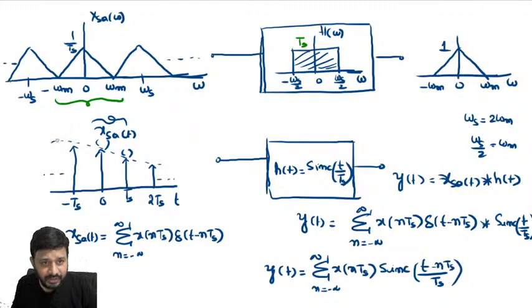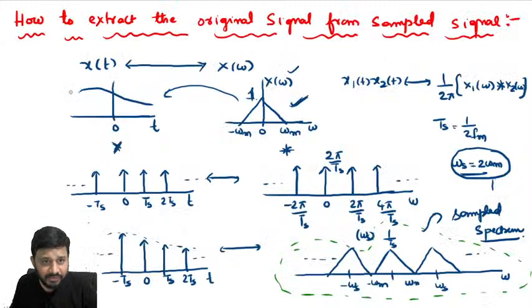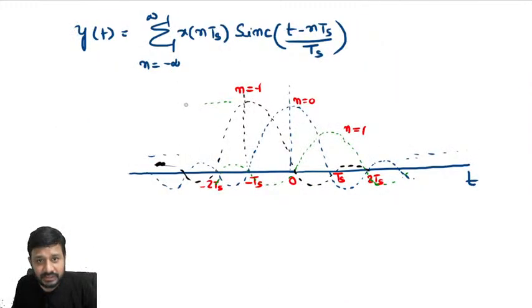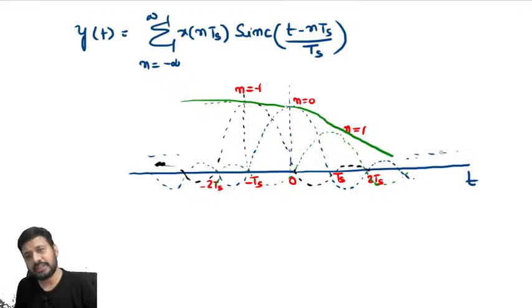This one, this original signal shape. x of t will be reconstructed. The original signal can be reconstructed. So this is how we observe it in time domain, right? And remember, look here, remember what I am doing.